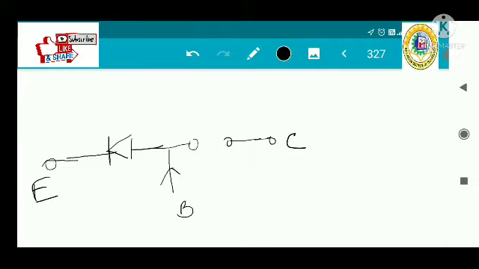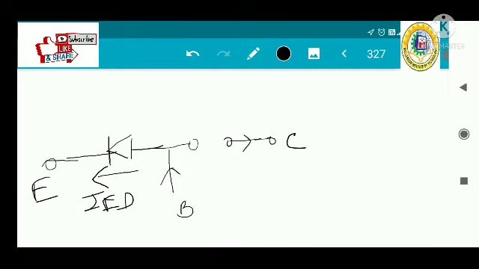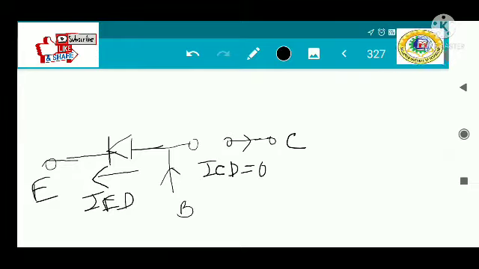Now what happens, this current is your IED current because this is the forward bias current. As this current is 0, this current means ICD, so ICD equal to 0. As ICD equal to 0, the dependent current source that is dependent on ICD is of no use.